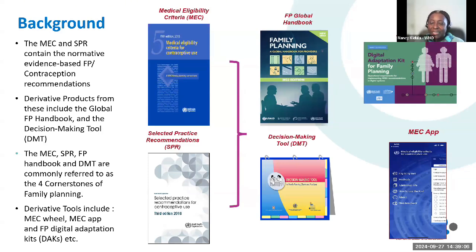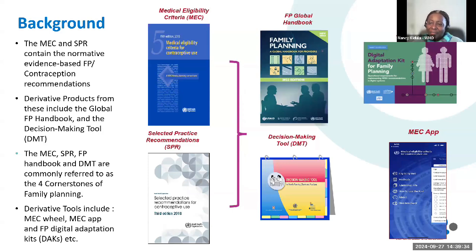These two documents are currently undergoing an update. From these documents, we then get the derivative products, which are the FP Global Handbook for service providers and the decision-making tool. Now, these 4 documents that you can see here is what we refer to as the cornerstones of family planning.